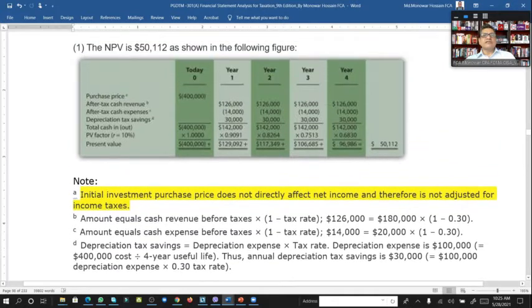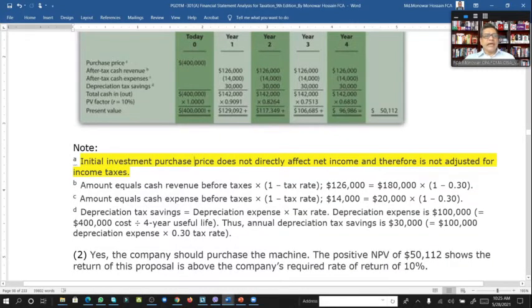Why in year 0 is the purchase amount not adjusted with the tax? Because at that time there is no tax effect. So after tax cash revenue is equal to the cash revenue before tax, that was 1,80,000.